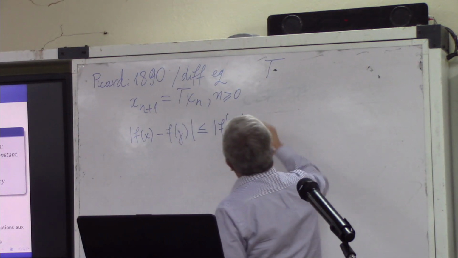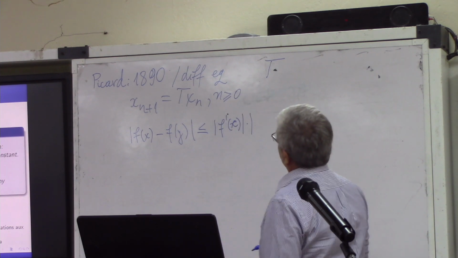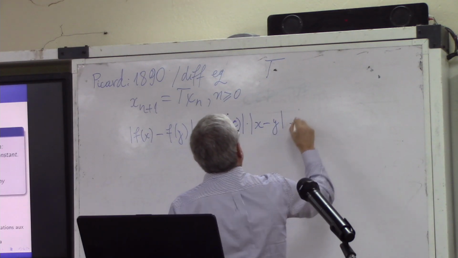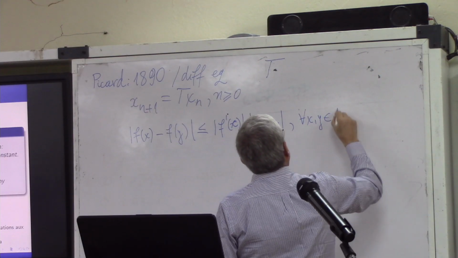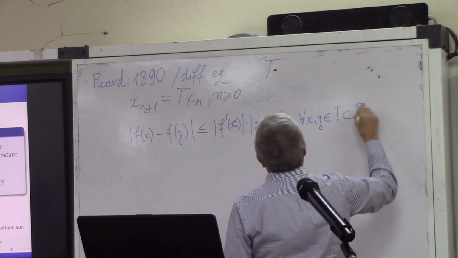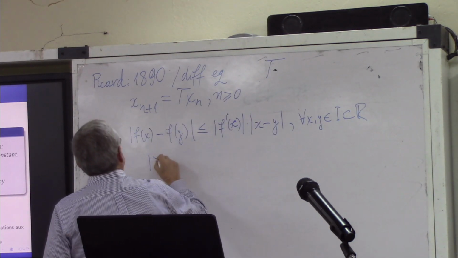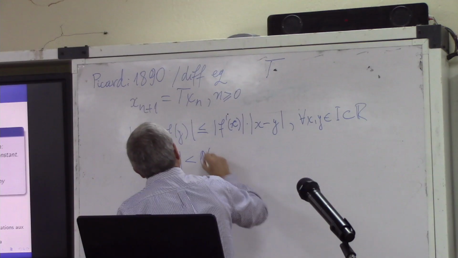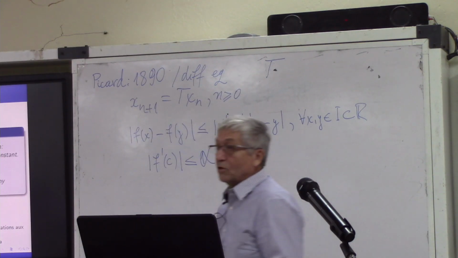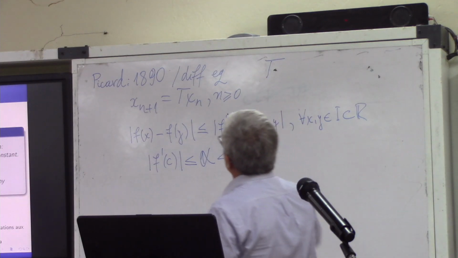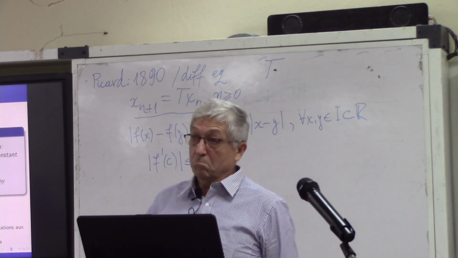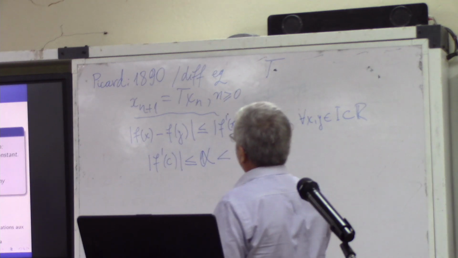Applying the fundamental calculus theorem, he used this, and he realized that if the derivative is less than, let's say, alpha less than 1, then he can prove the convergence of the sequence associated to a differential equation. So this was done by Picard.